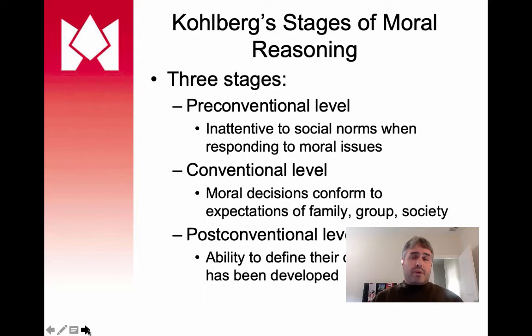He came up with this pre-conventional stage where somebody responds to a moral issue irrespective of, they're not even considering what the social norm is. Then there's a conventional level where moral decisions conform to the expectations of a family, a group, or a society. Now, a negative example of this would be, you've got kids that just want to be accepted, and you've got peer pressure there. So they make their moral decisions based upon wanting to conform to that group.